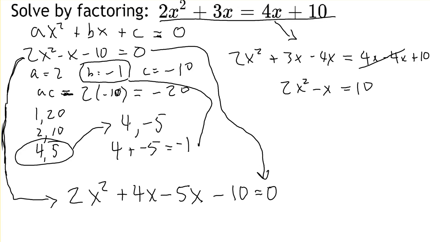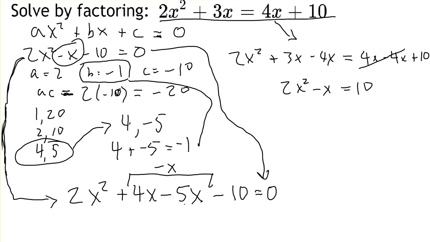Equals 0, okay? So do you see what's going on here? What is this 4x minus 5x? That's just minus x. So all I'm doing is rewriting that minus x as 4x plus minus 5x. So all I did was do a little bit of creative rewriting.